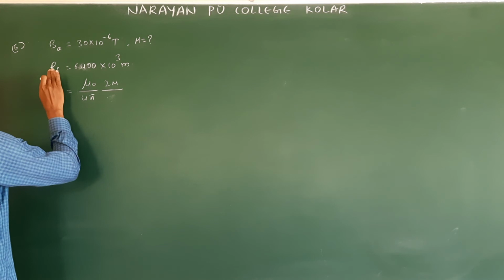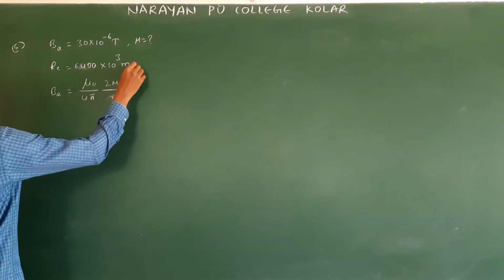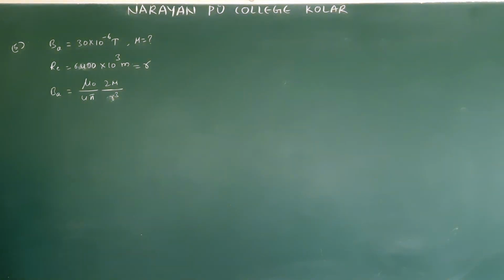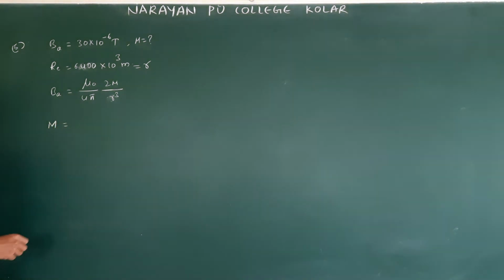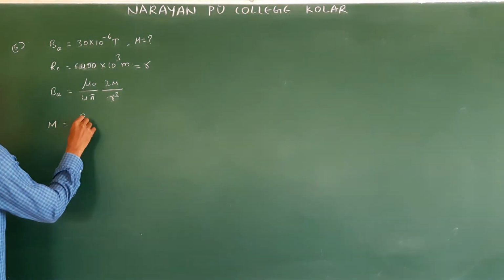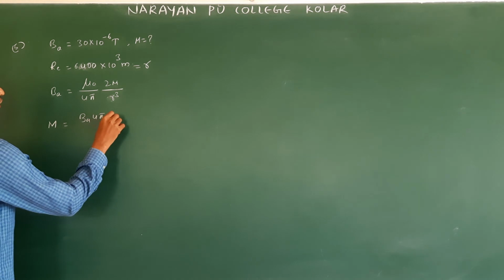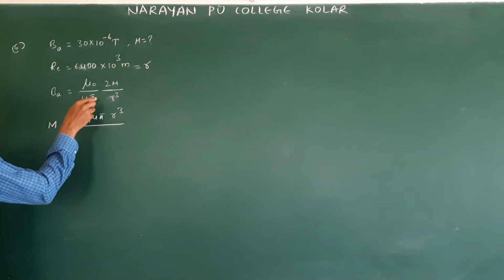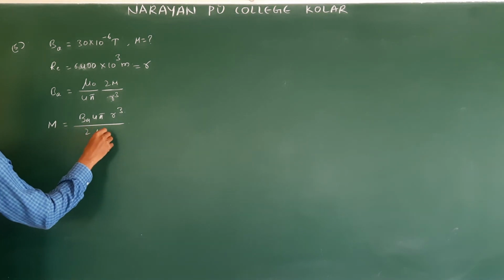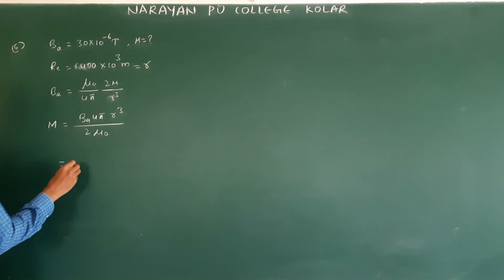Here r is the radius of the Earth. So m we need to calculate. Make m the subject: m is equal to BA 4 pi r cube by 2 mu naught.